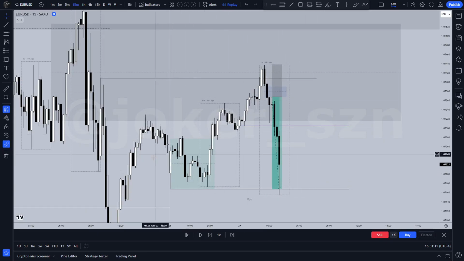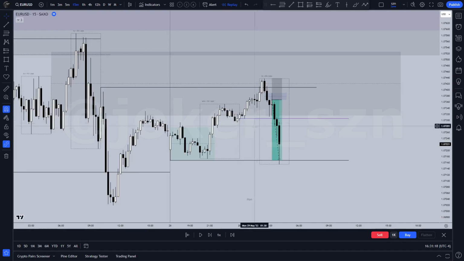So to sum it up again, we have a daily bearish bias, right? We have the step 2, actually step 2 the bias, but step 1 the trading conditions, right? We have determined them.